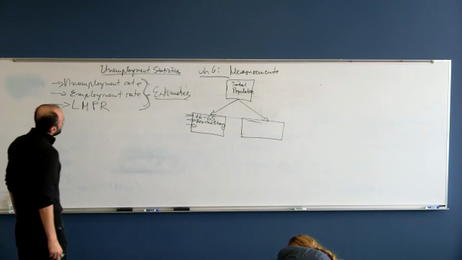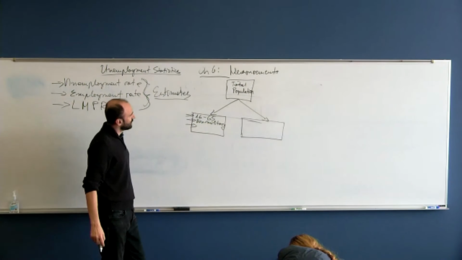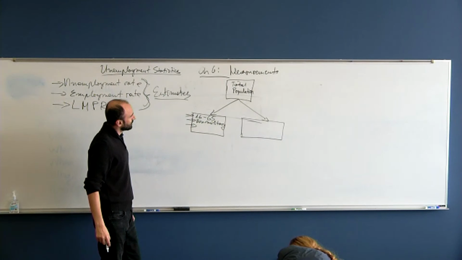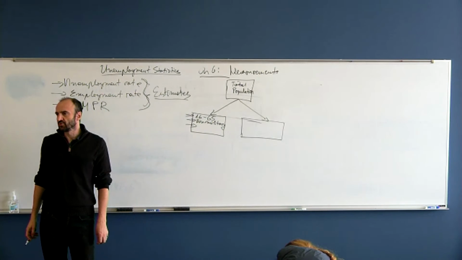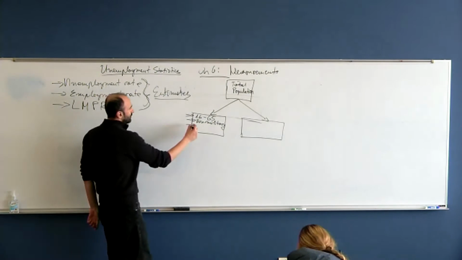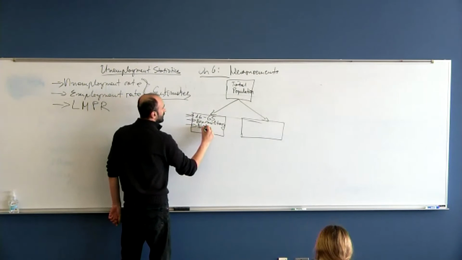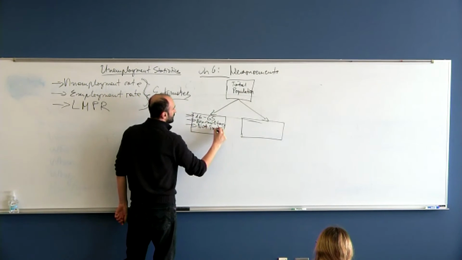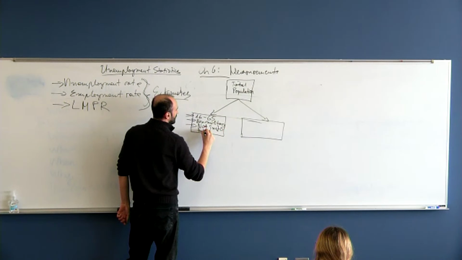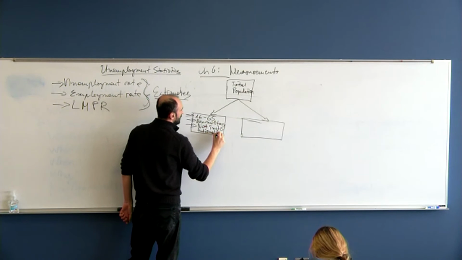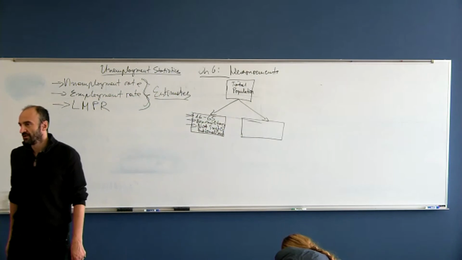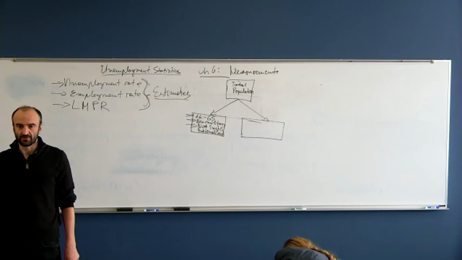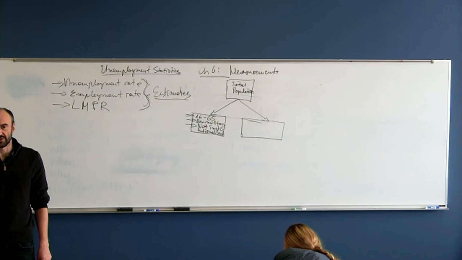And the final exclusion criterion is that they are, as it is usually called, non-institutionalized population. They are not institutionalized. It's a fancy way of saying they're not in jail or in a mental institution confined on a long-term basis.